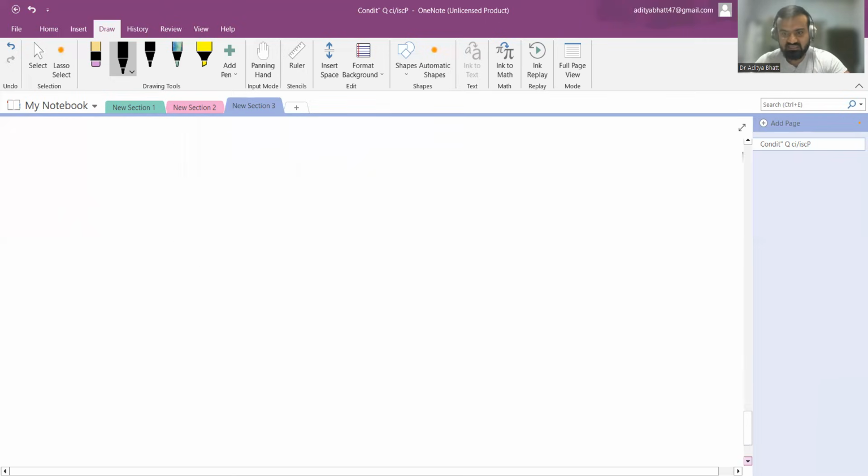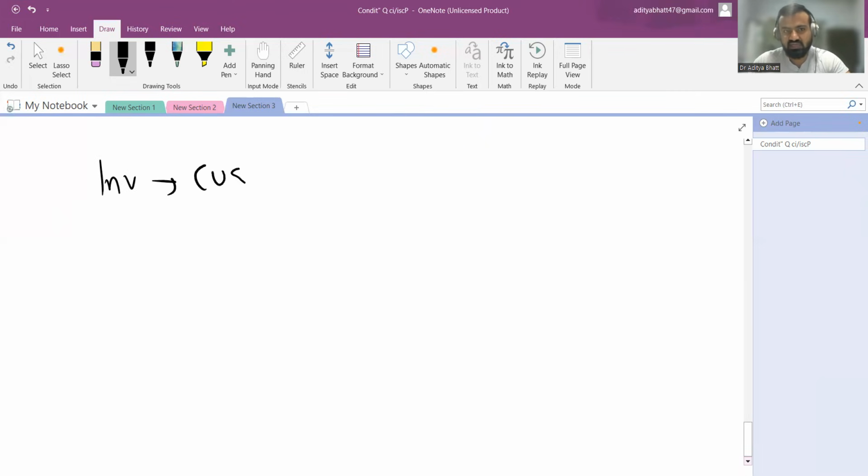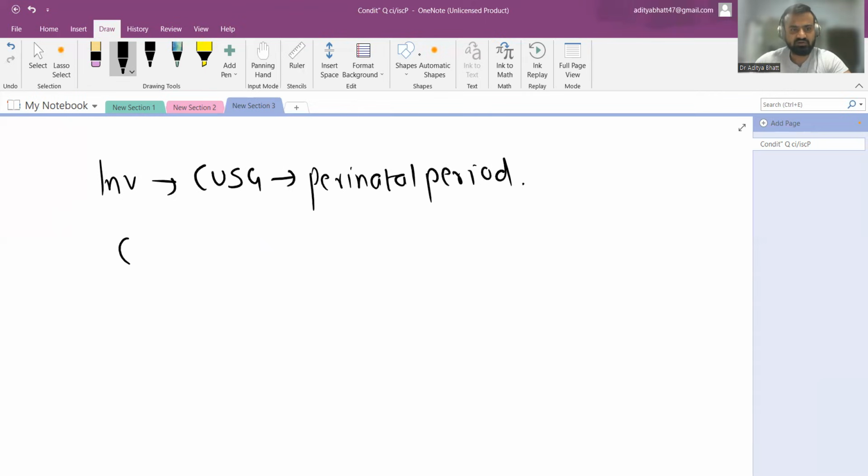Now, what are the investigations that you can do? So firstly, you have to understand that cranial USG is very important in the perinatal period. Okay. Post-perinatal, we go for CT scan.